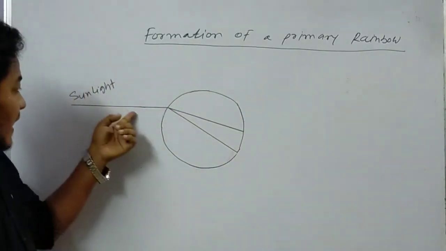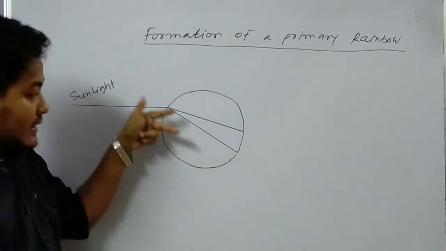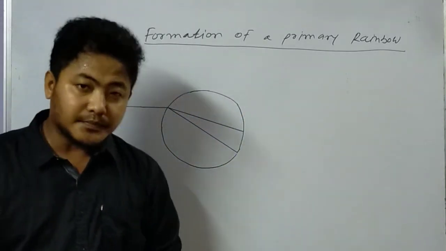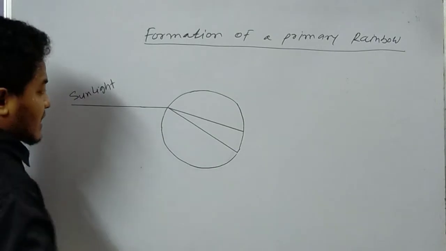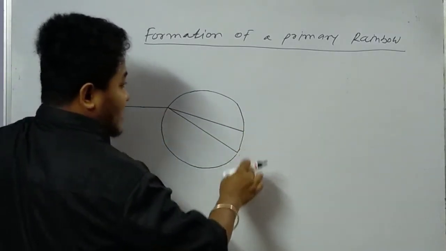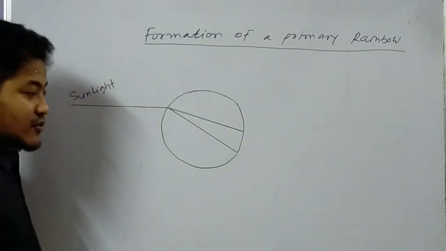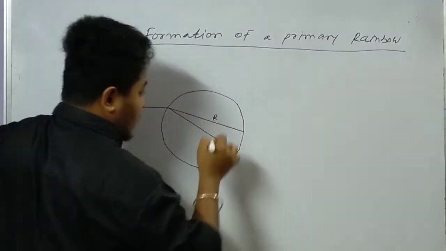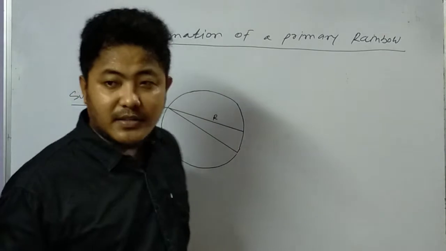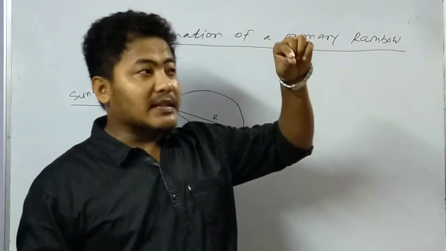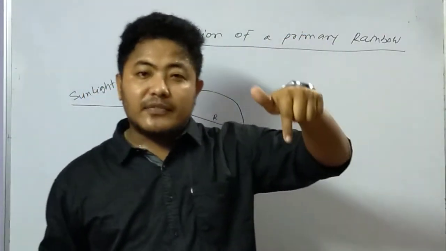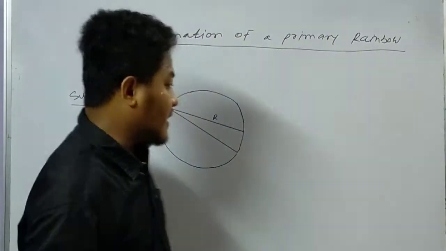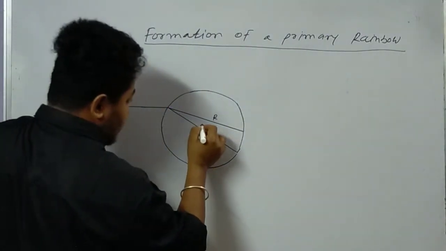So this is the sunlight, as it enters the water droplet, it splits into different colors. This color, as you can see, has been deviating less. As you know, this will be red color, because red color deviates less since its wavelength is high and refractive index is less. Understand? And this is violet color.